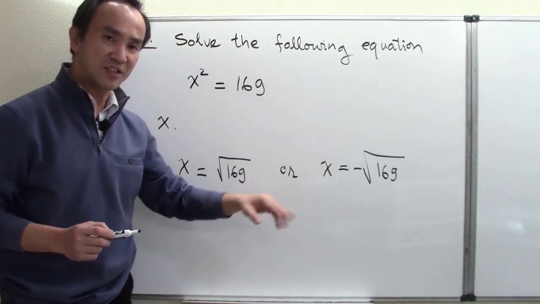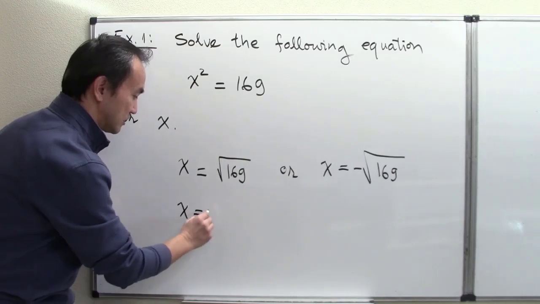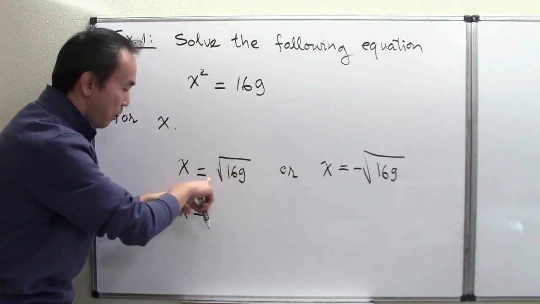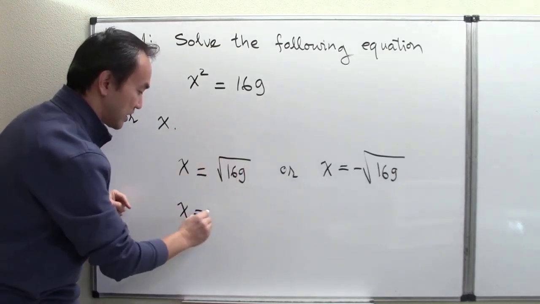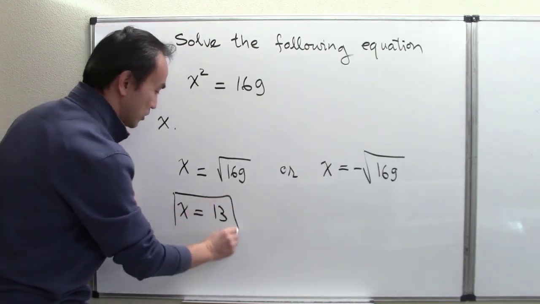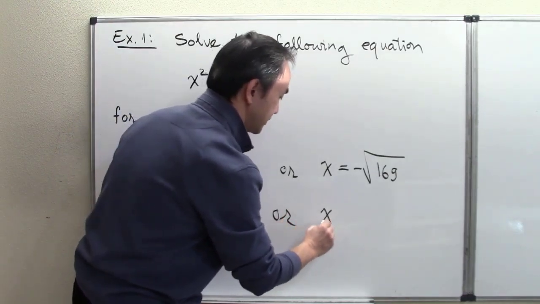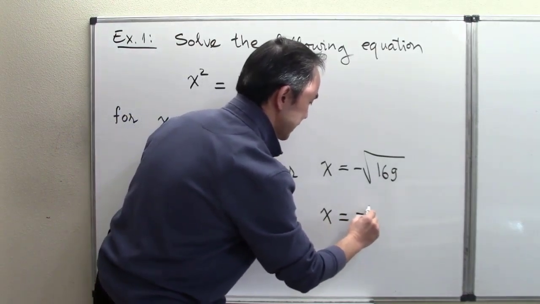Advancing a little further, on one hand, x may equal the positive square root of 169, which gives me 13. So x may equal 13, or x equals negative 13.